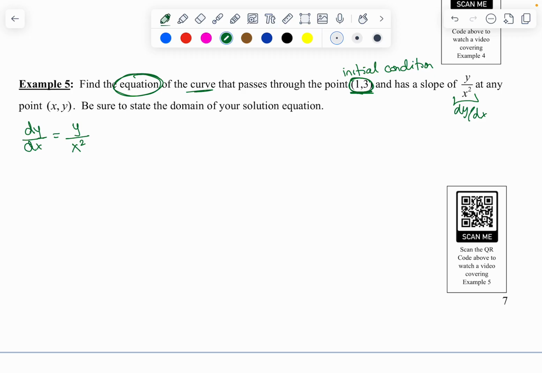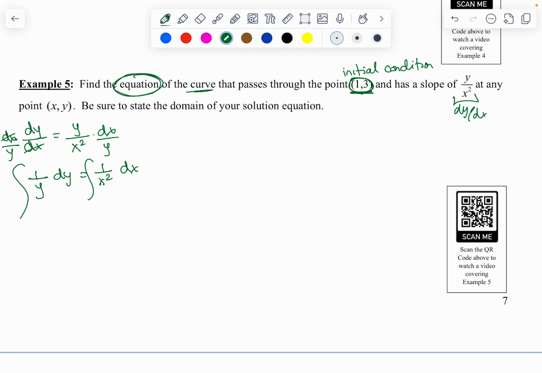All right, easy peasy, right? If I multiply this side by dx, and then I divide this side by y, we get 1 over y dy equals 1 over x squared dx.